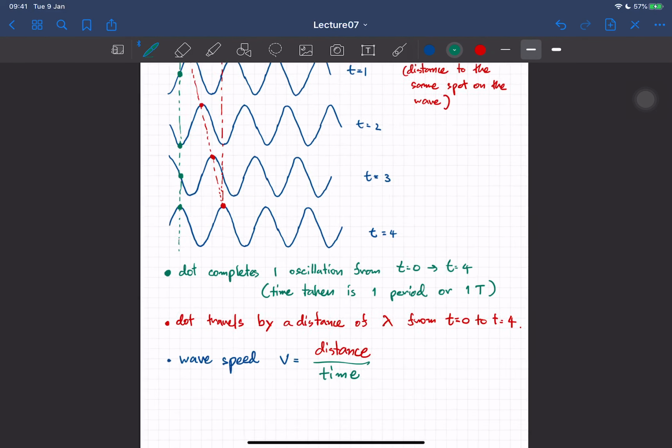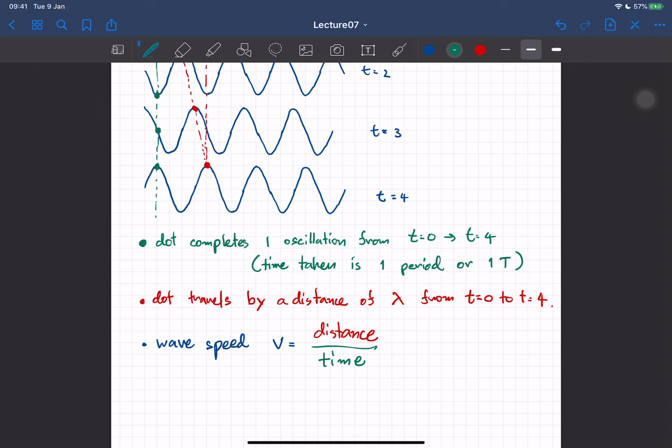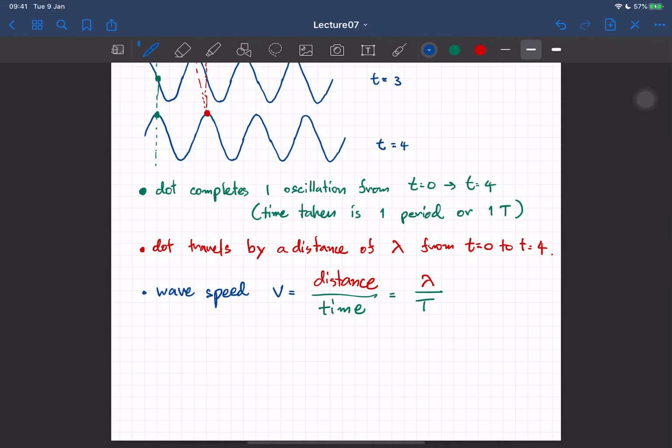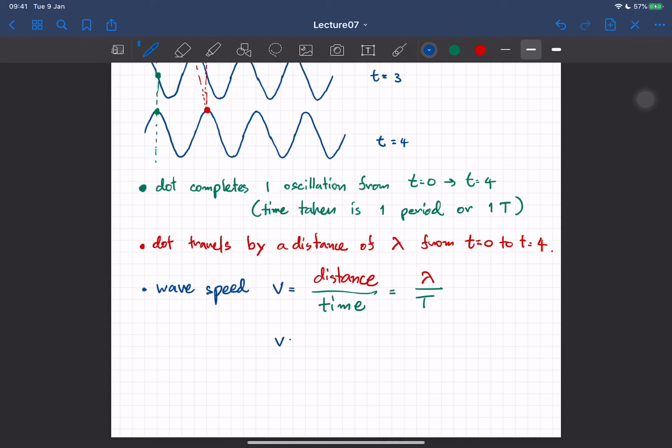And again, distance is lambda, because that's how much you travel. And how long it takes is 1 period. So we have this very important relation between wave velocity or wave speed and the wavelength of the wave and the period of the wave.